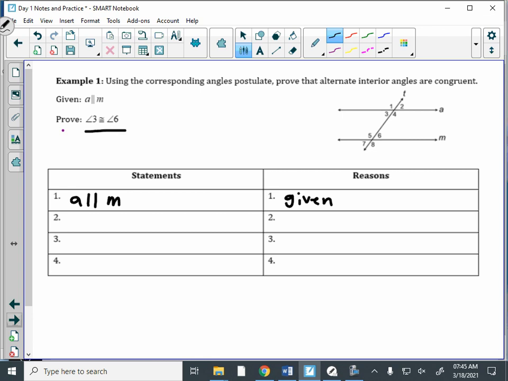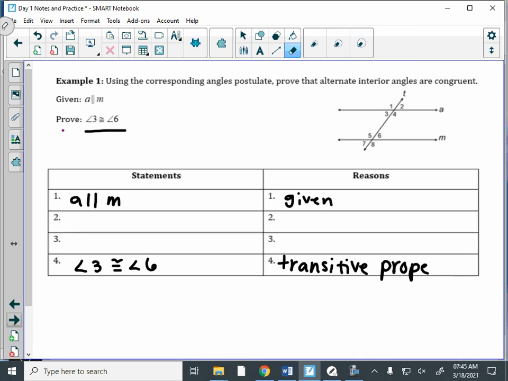And we're trying to prove that angle 3 is congruent to angle 6. Again, we kind of already know that, but we have to explain why. Why are these the same? And we said our last reason every single time is transitive property. Every single time. Okay? You just have to fill in the middle.